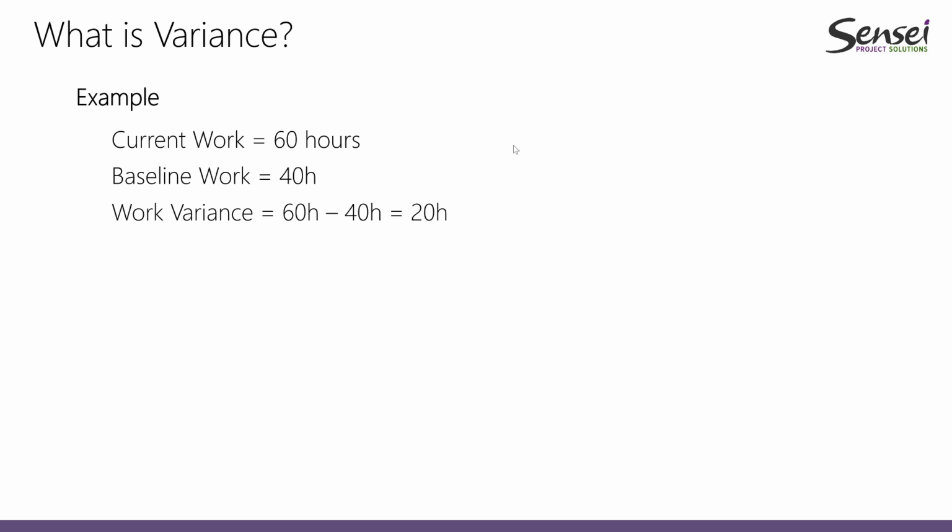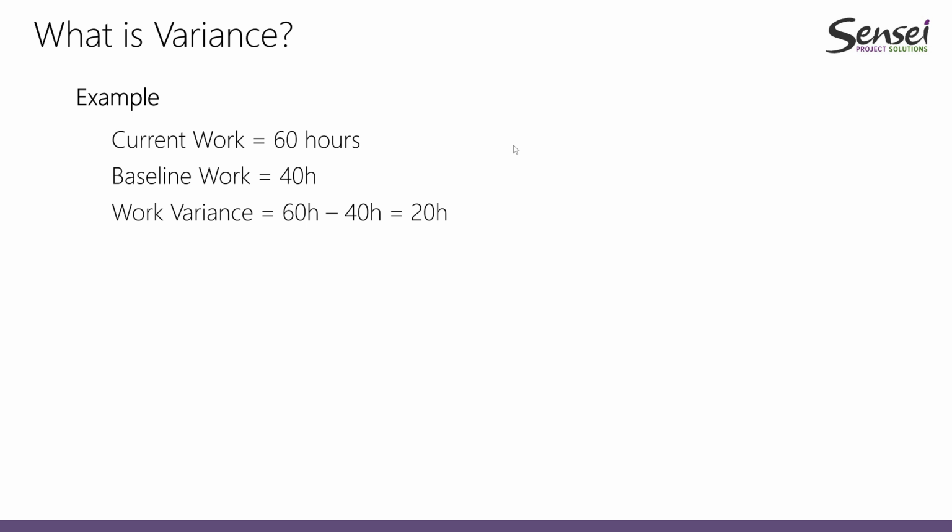So if we see here, for example, taking this example as looking at the work variance, we have a current work, for example, in a particular project or in a particular task, which is 60 hours. And the baseline says that we have planned 40 hours.